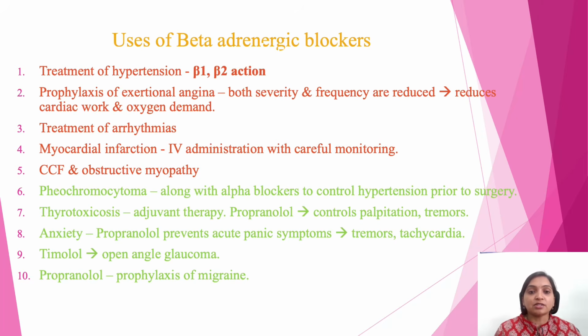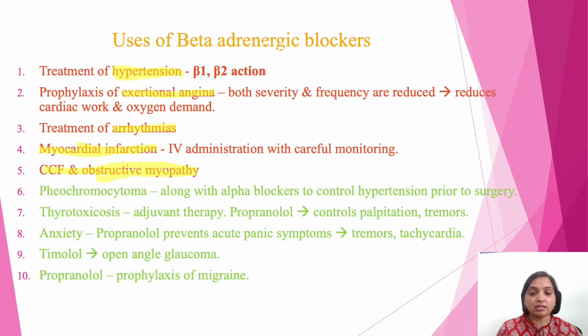So coming to the uses, there are 10 uses in this, and I have marked 5 in red and 5 in green, right? This first 5 are also called cardiac uses. Where all is it used? It is used in hypertension, angina, arrhythmia, myocardial infarction, congestive cardiac failure and obstructive myopathy.